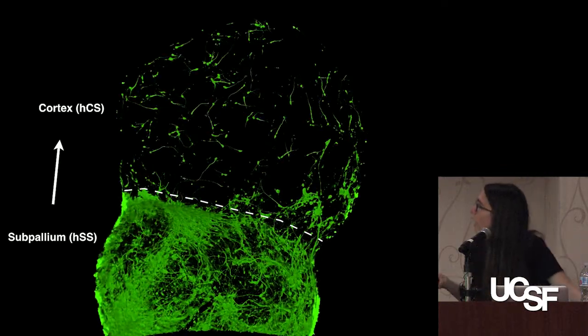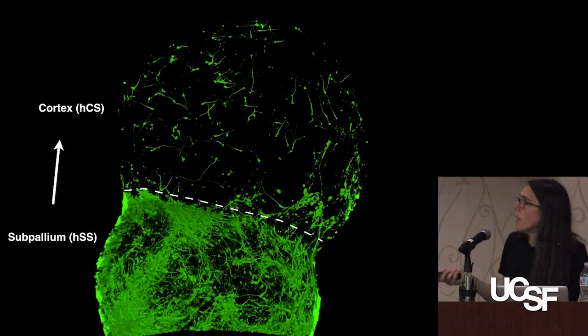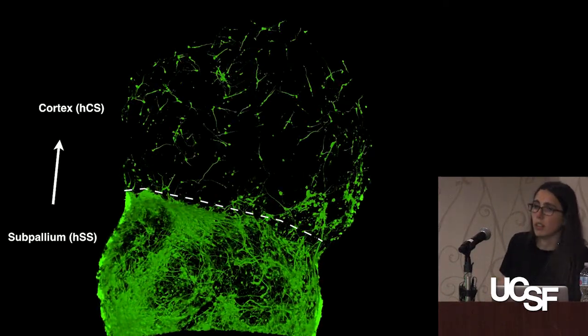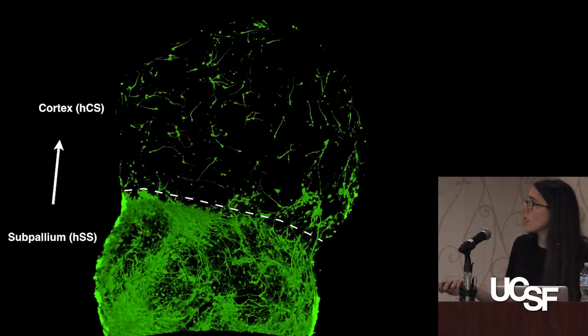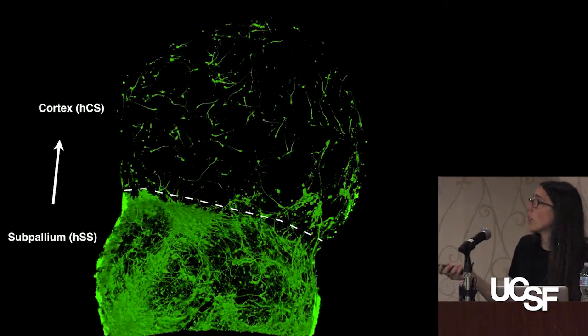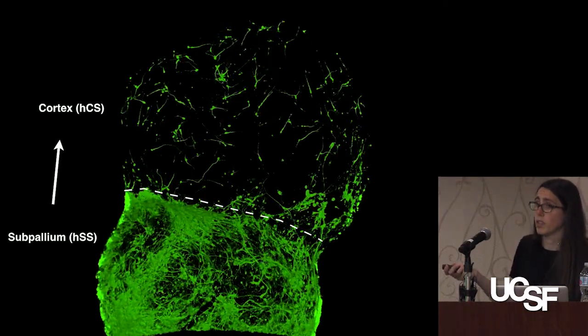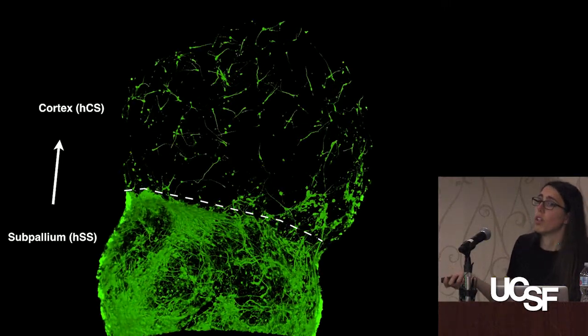Here we have the subpallium side on the bottom, the cortical side on the top. This is a video of about 12 hours of spheres that have been assembled for about 2 weeks. And you can see that interneurons from the subpallium have moved to the pallial side, because we labeled these cells before we put them together.